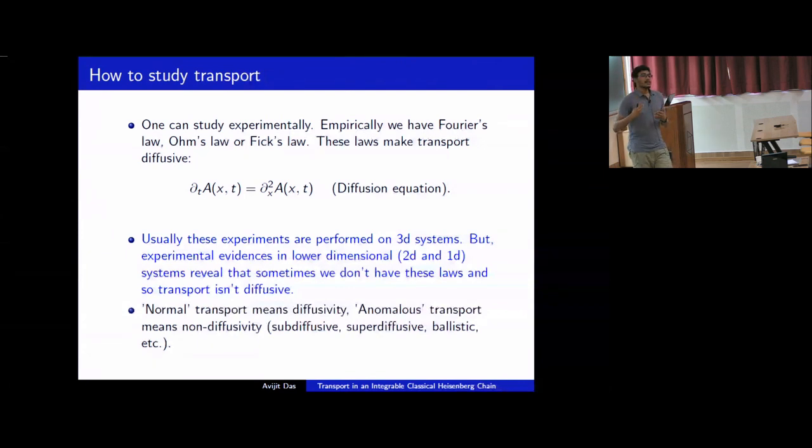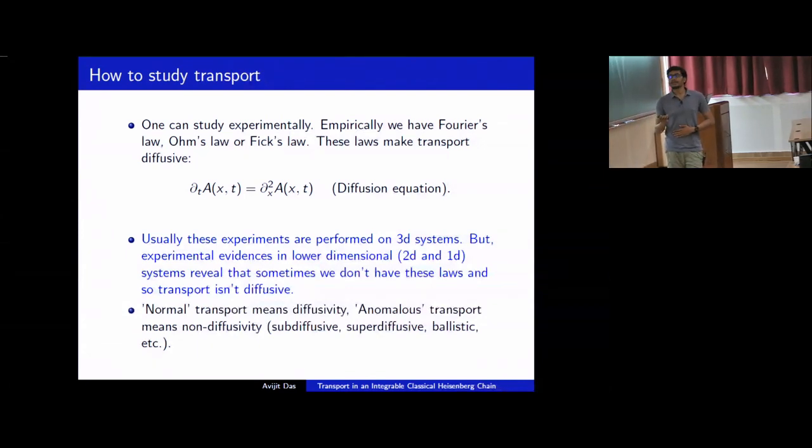Or a 2D system. People have done these experiments on, let's say, a 2D layer of atoms, and have seen some interesting behavior: this transport is not diffusive at all. So for three-dimensional systems, we have normal diffusion, but in some one-dimensional and two-dimensional systems we do not have diffusion. This is the motivation of this whole study.